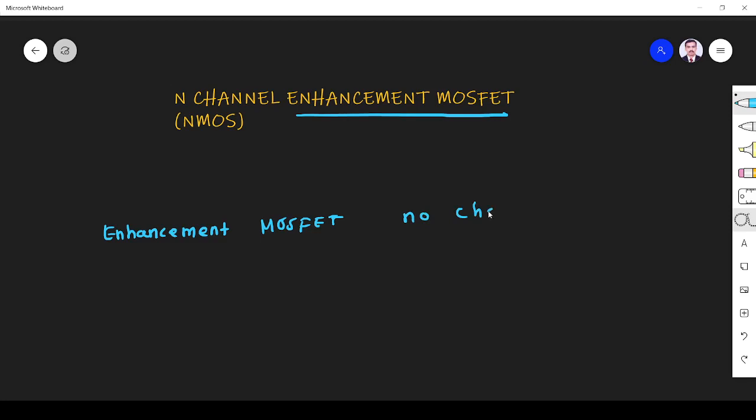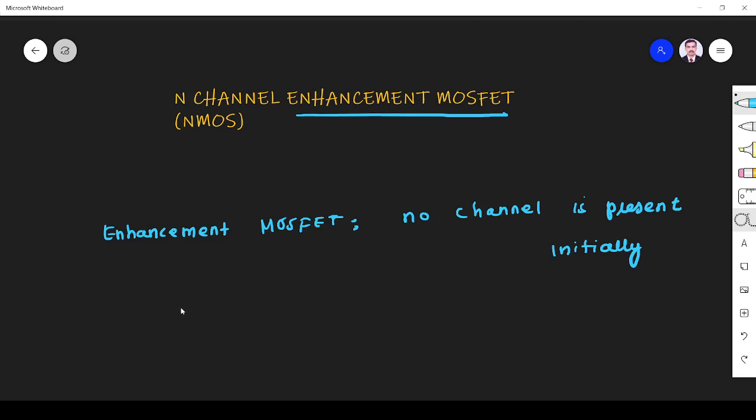No channel is present initially. In depletion MOSFET, a channel is available at the initial stage, but in enhancement MOSFET there is no channel. The channel must be created. Let us see how it is created.